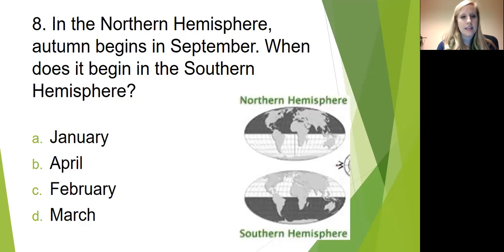Question 8. In the Northern Hemisphere, autumn begins in September. When does it begin in the Southern Hemisphere? Is it A, January, B, April, C, February, or D, March?